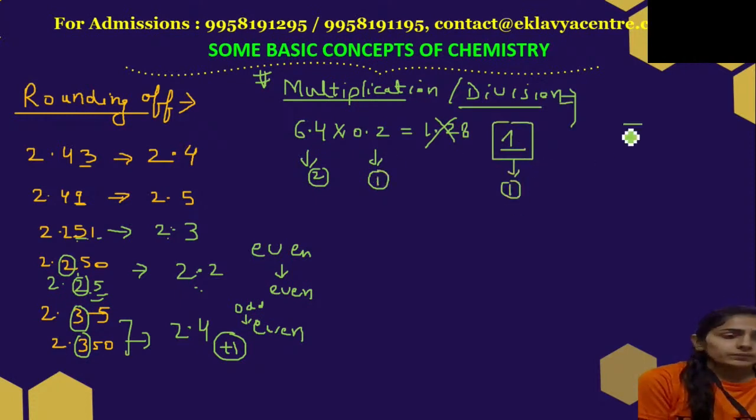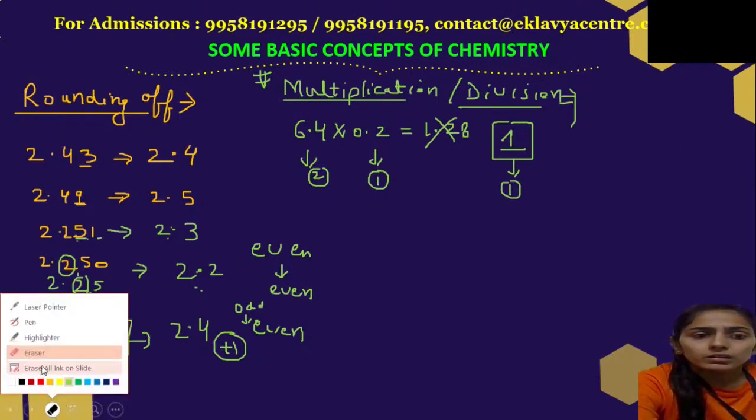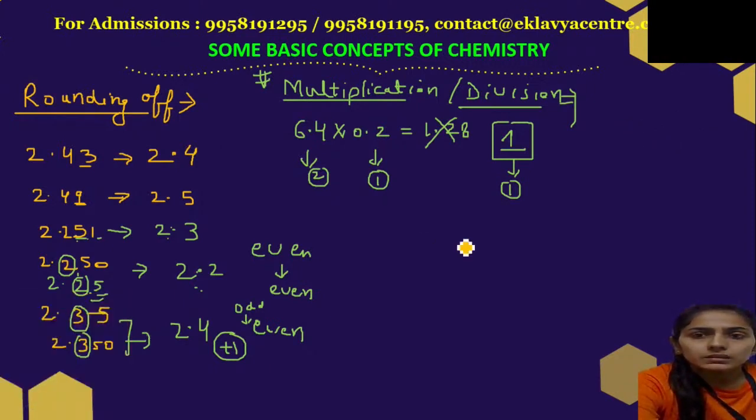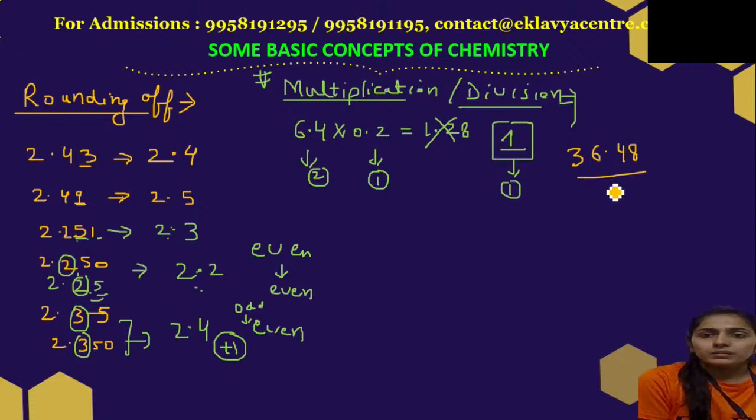Let us suppose I have another example. Next question we have 36.48 by 12.